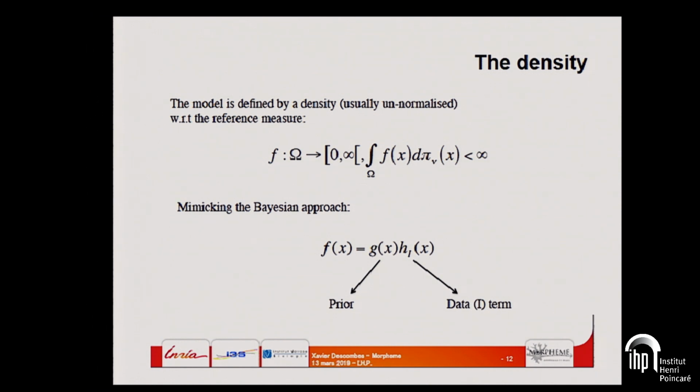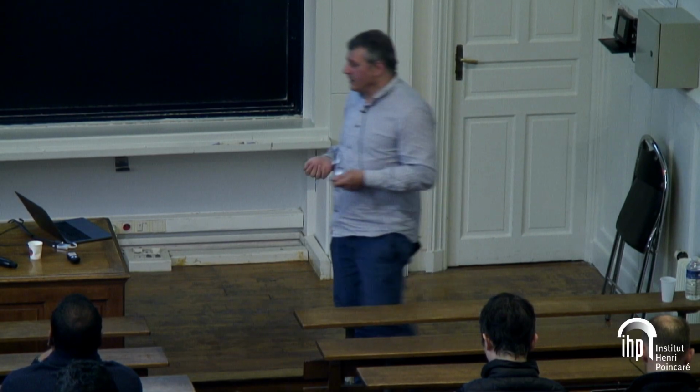Then, once you have this, the next step is to define your density. As usual, you split your density into two terms: the first one is the prior, and the second one is what I call the data term or fidelity. We will see that usually this data term is defined by the likelihood, but it's not always the best way to use the likelihood to define this term.